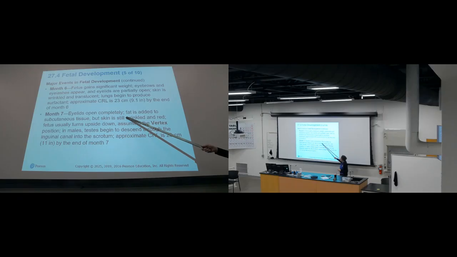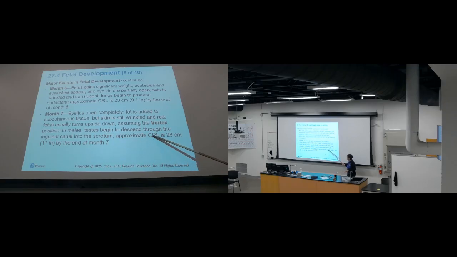By month 7, your eyelids are completely open. Fat is added into the subcutaneous tissue, and the skin, of course, will be wrinkled and now become reddish. Usually, the baby starts turning upside down and starts assuming the vertex position, in which the head is pointing towards the cervical canal.